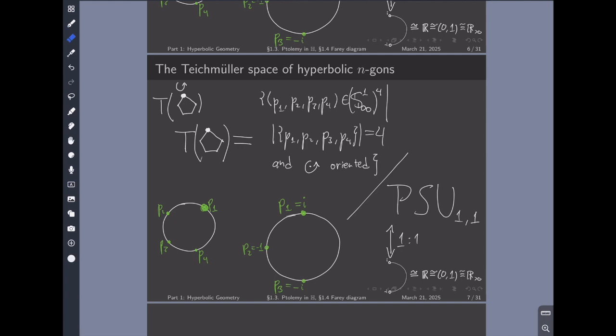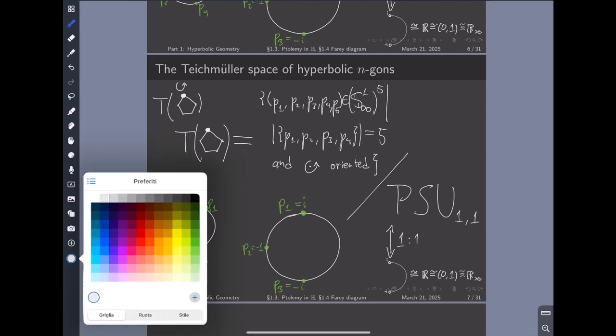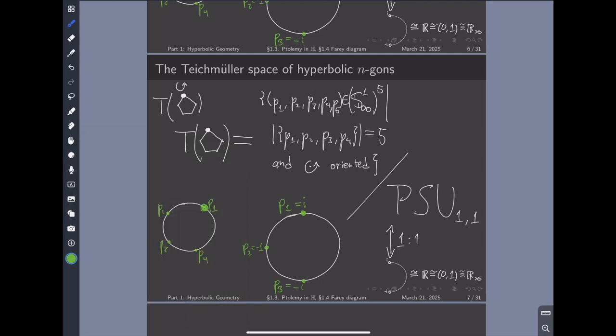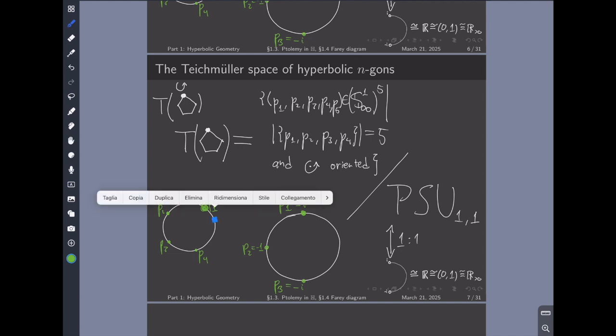Okay, and now here I put P5, and then of course this leaves here. Yeah, and again modulo the action of PSU(1,1). So now for the same story, one point in this set is given by something that now looks like this, so I have some fifth point here, let's say P5.